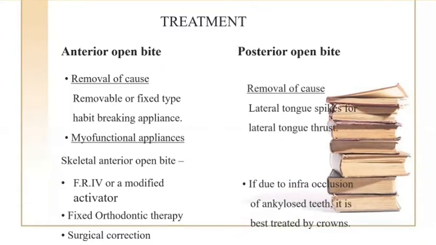In case of posterior open bite, removal of the cause, and lateral tongue spike for lateral tongue thrusting habit. If it is due to infraocclusion of an ankylosed tooth, then the best treatment is crowns.